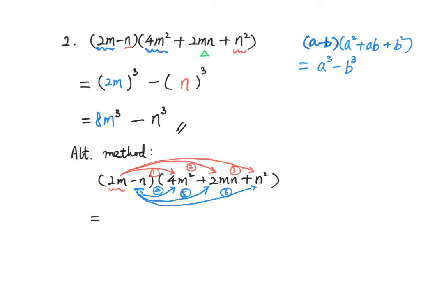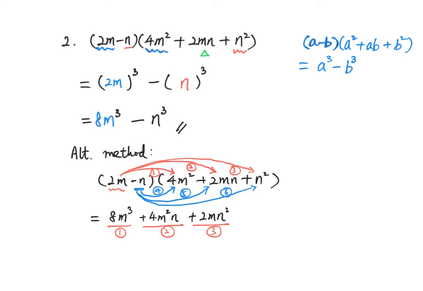2m times 4m², which is 8m³. This is the first term. And 2m times positive 2mn, which is 4m² n. This is the second term. And the third term, 2m times n², which is positive 2mn². This is the third term.